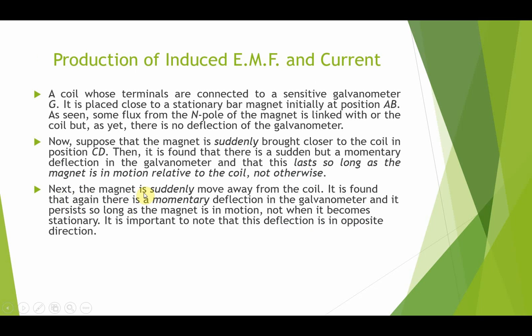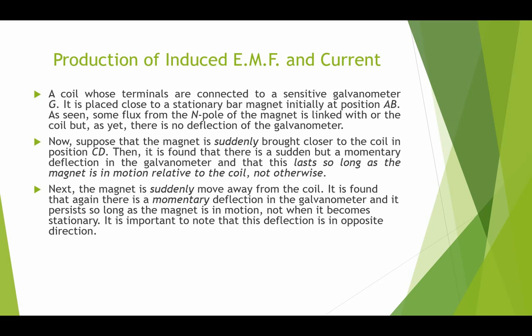Next, the magnet is suddenly moved away from the coil. It is found that again there is a momentary deflection in the galvanometer, and it is present so long as the magnet is in motion, not when it becomes stationary.